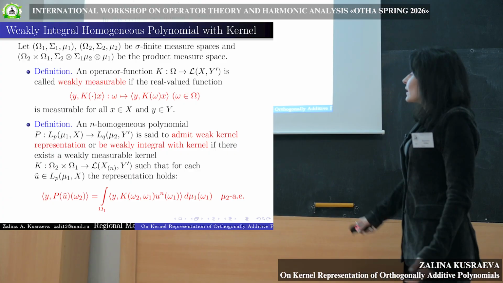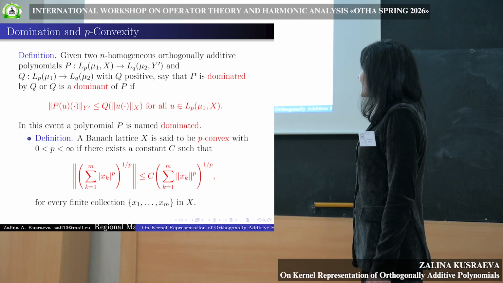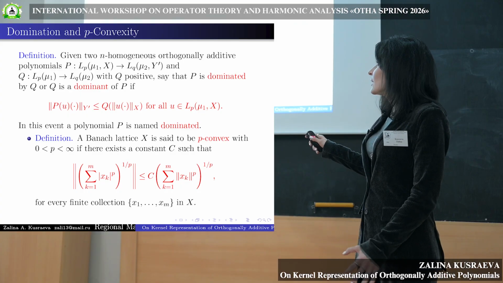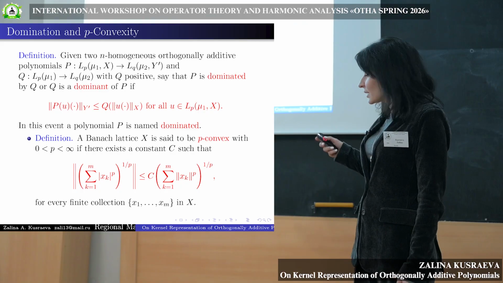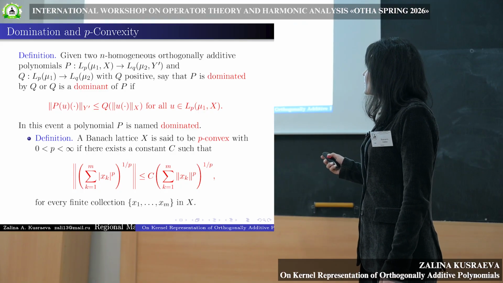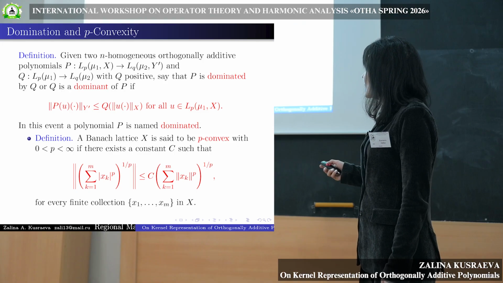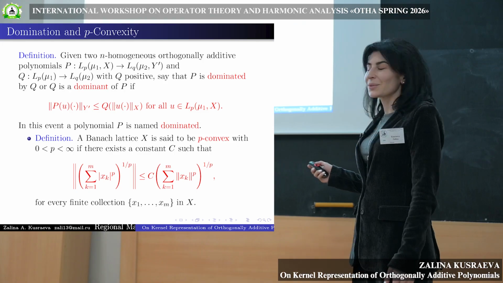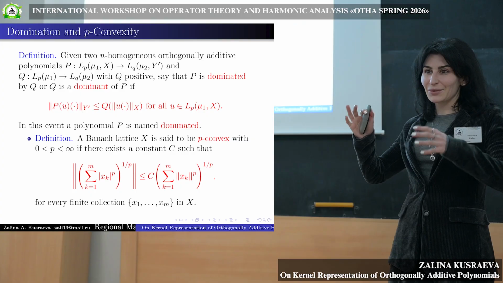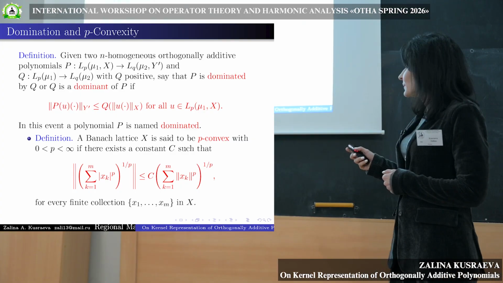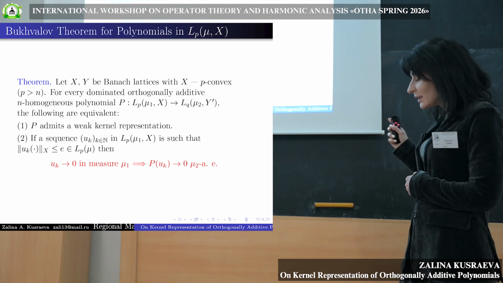Here are also two technical definitions which are needed to formulate the result. And here, the domination problem, we already talked about it. This is really very important, but for understanding we can omit this definition. And the theorem.